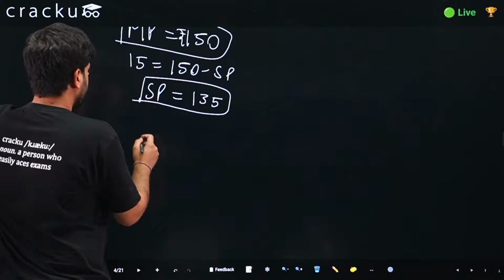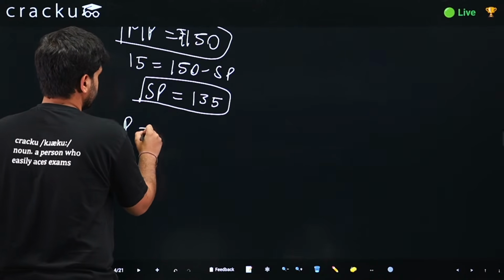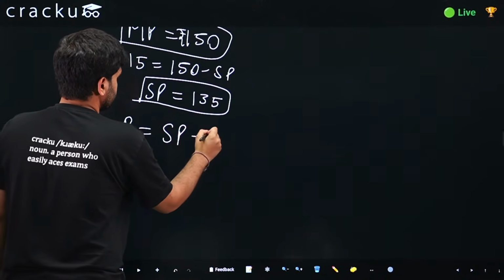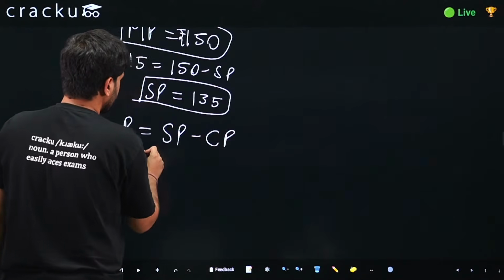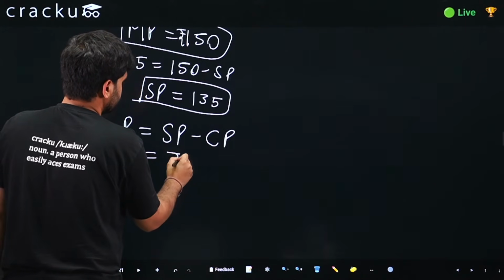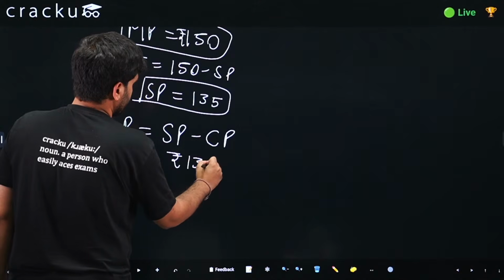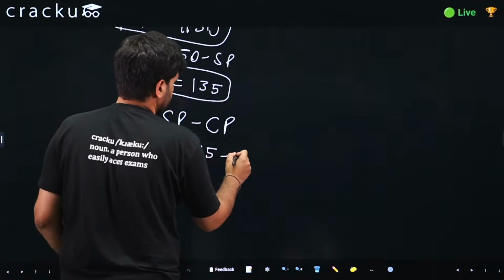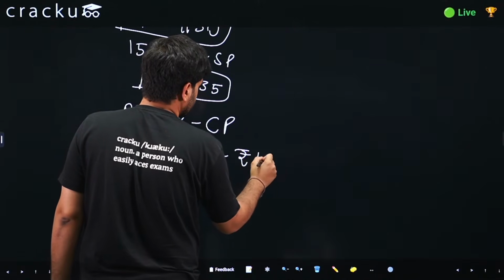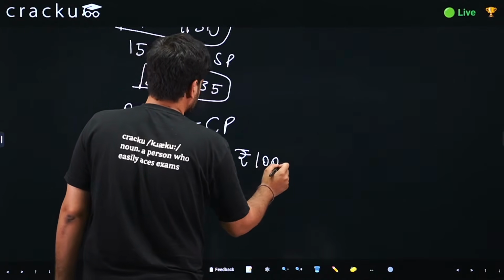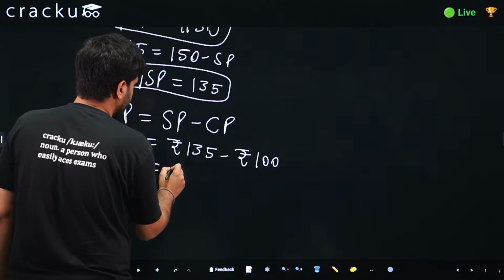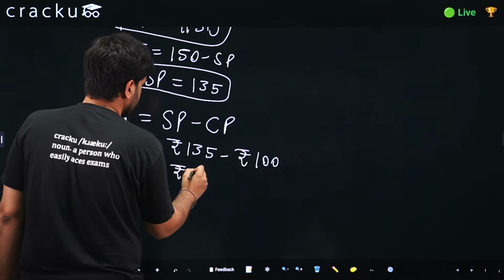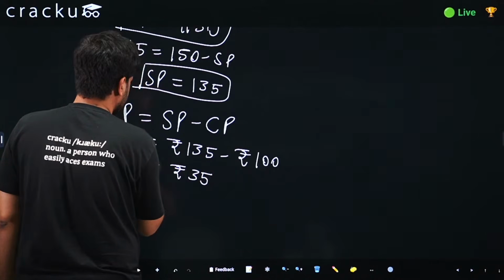Now we know profit P equals SP minus CP. We already know SP, selling price, is 135, cost price is 100. So what would be profit here? Profit would be 35 rupees.